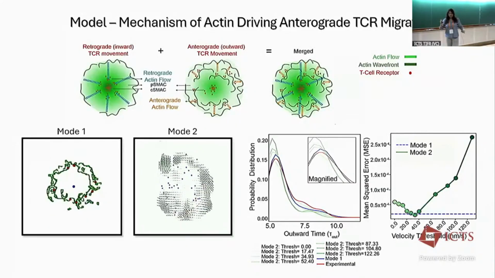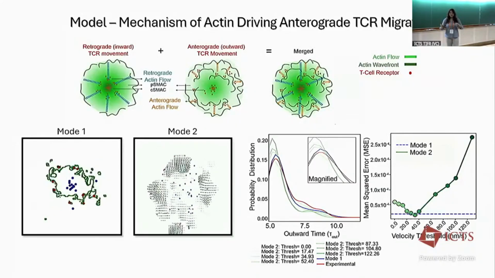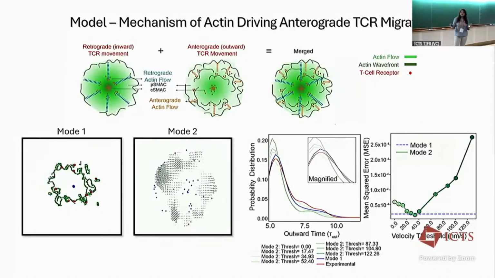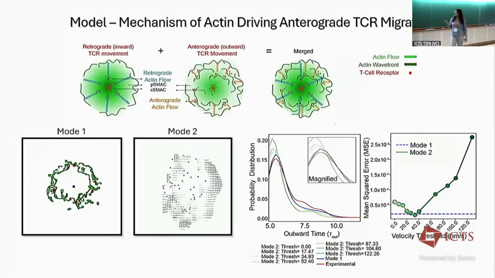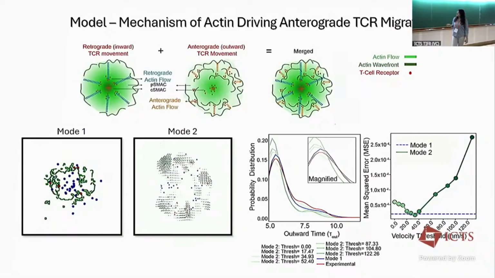And it was found that only if the velocity threshold is set between 13 to 33 nanometers per second were we able to see goodness of fit. So from this, we could conclude that most likely there are these actin wave-like structures with a very limited velocity range, which might be driving these microclusters to the cell periphery.